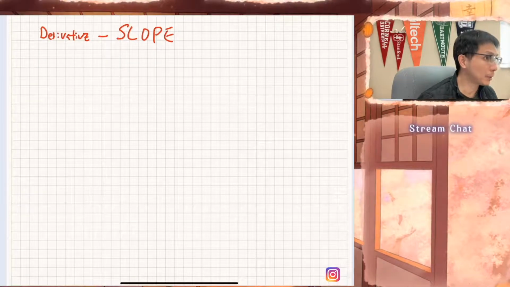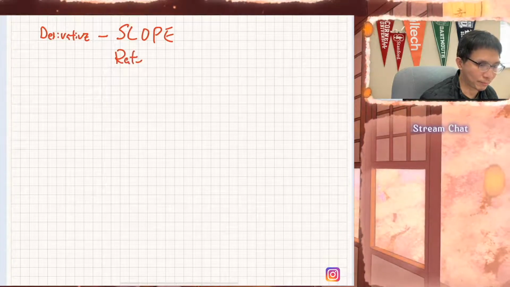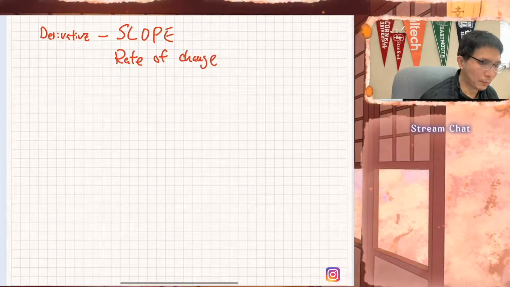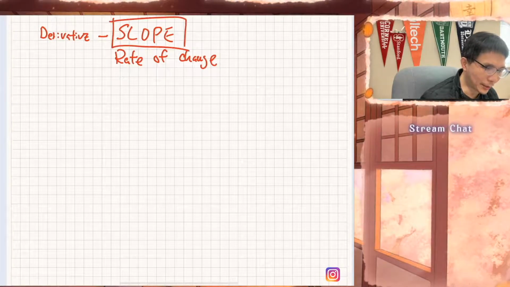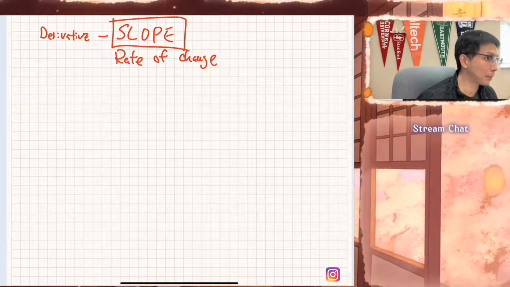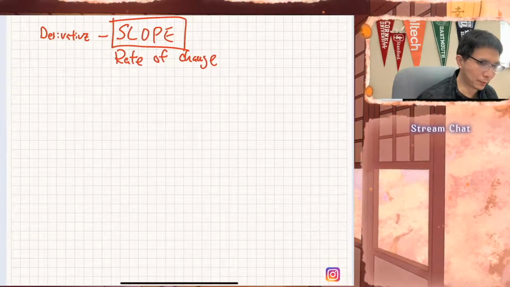Slope of tangent, probably, right? Or rate of change. But the biggest thing is the slope. If you find the derivative, you find the slope of the function.